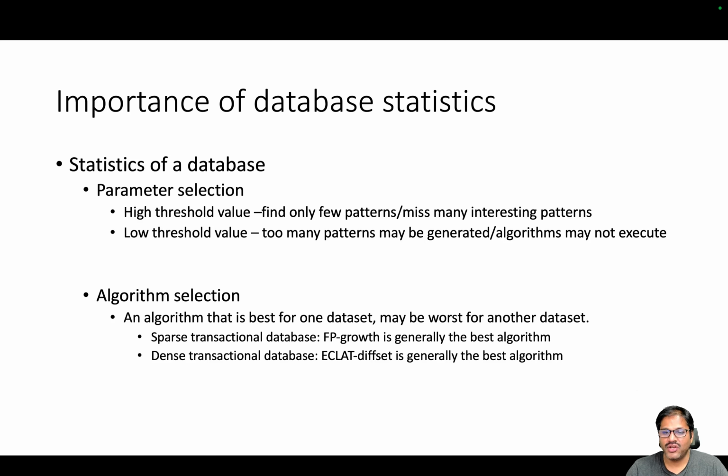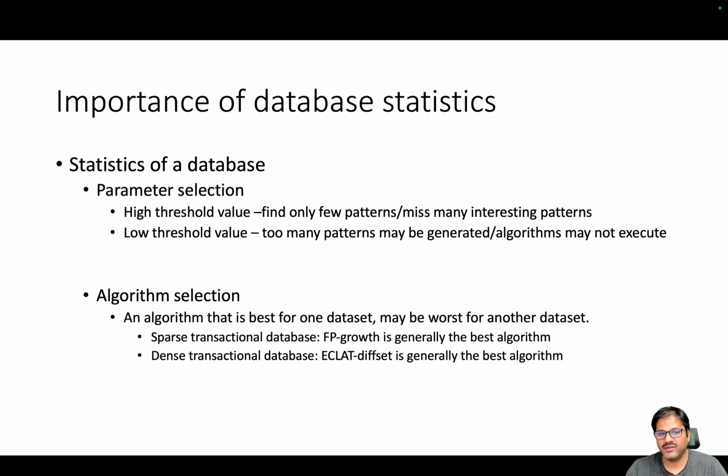For instance, in parameter selection, if the user is not careful and specifies high threshold values, then he may miss something that is interesting to the user. Similarly, if we specify very low threshold values, then too many patterns may be generated. Sometimes algorithms may run out of memory also.